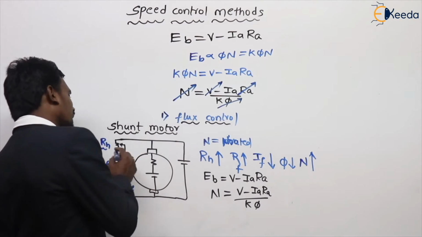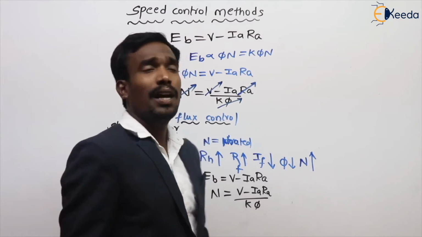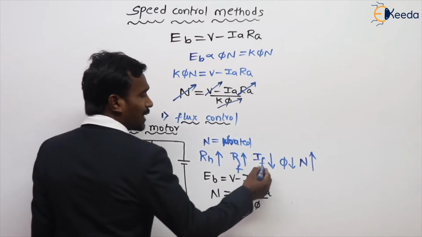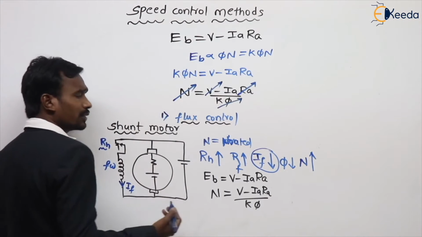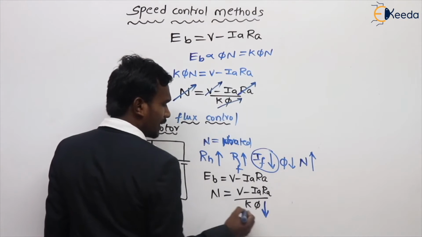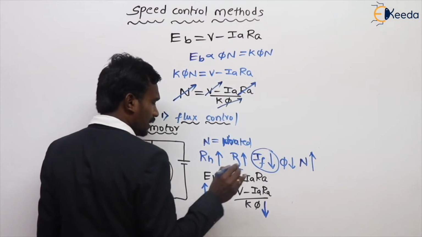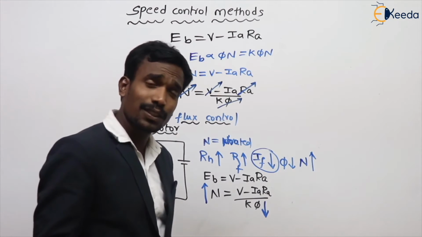Here, by increasing the rheostat position from minimum to maximum, the field current through the field winding reduces, nothing but the flux reduces. When the flux reduces, then automatically the speed increases. Is it okay?